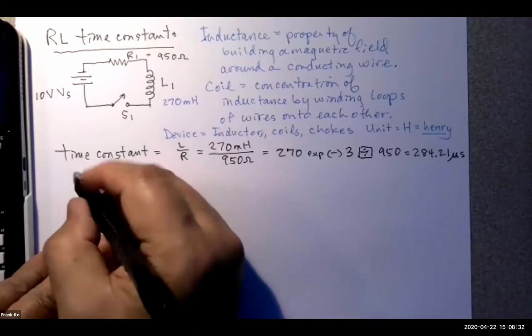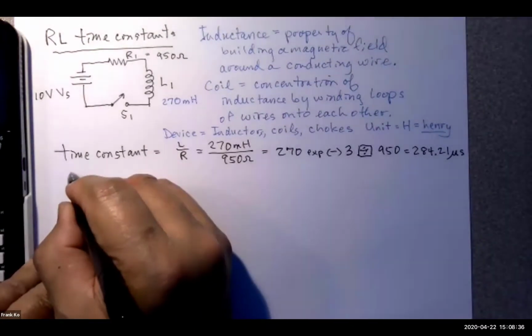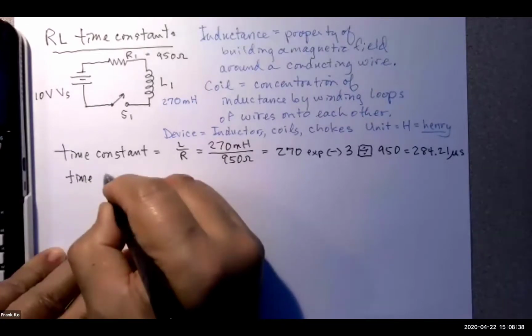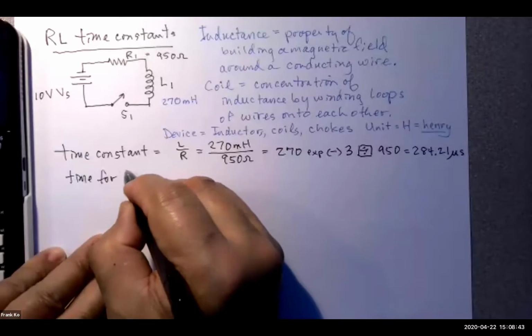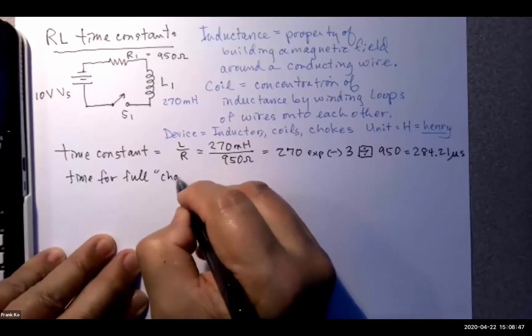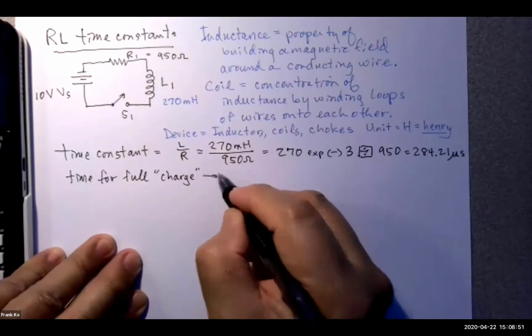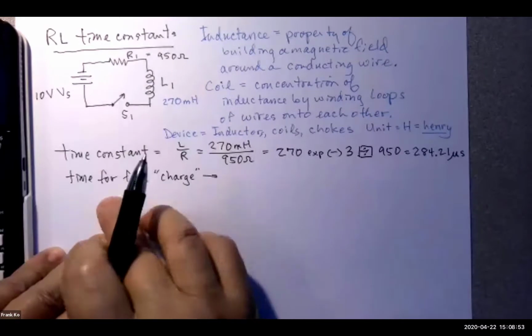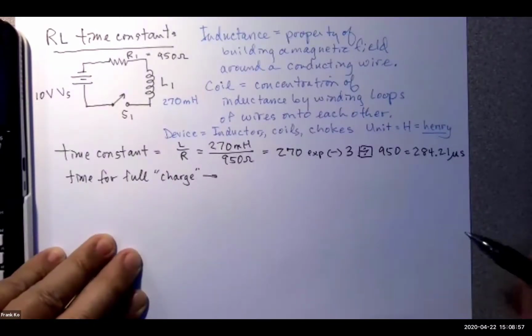Okay, so here's the next question. Time for full, and I'll use the word charge. It's actually an incorrect word to use, but conceptually it's not bad. So how long does it take for this coil to reach its full magnetic capacity?